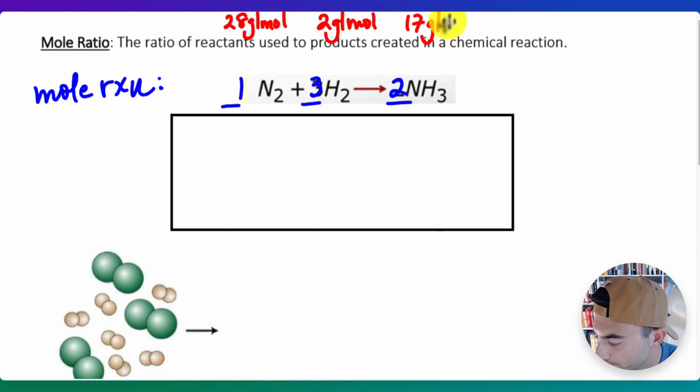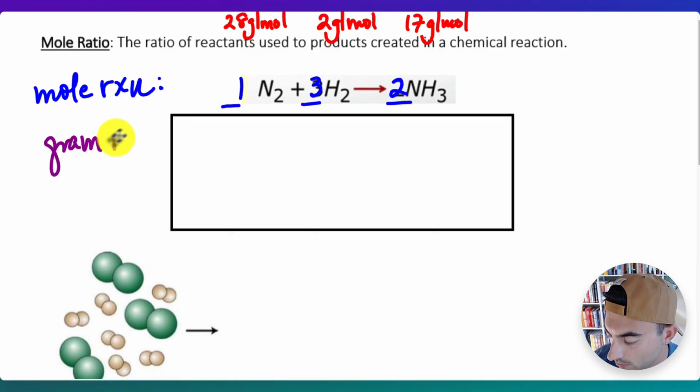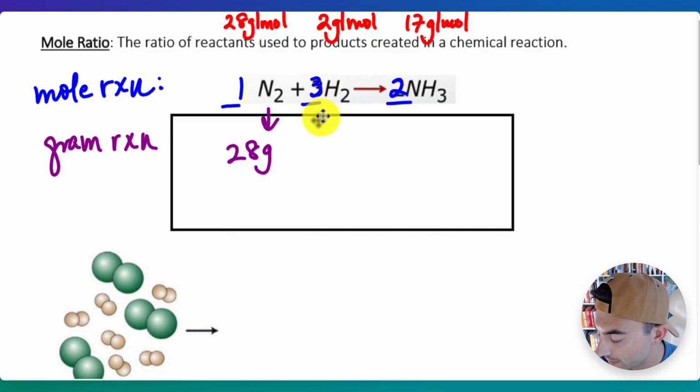each of them. Now, molar mass by definition is grams per mole, grams per 1 mole of the substance. So when you find the molar mass, we're ignoring these coefficients. These coefficients come into play because I want to convert this mole reaction into a standard gram reaction. In other words, 1 mole of N2 is equal to 28 grams. 3 moles of H2 is equal to 6 grams because each mole is 2.